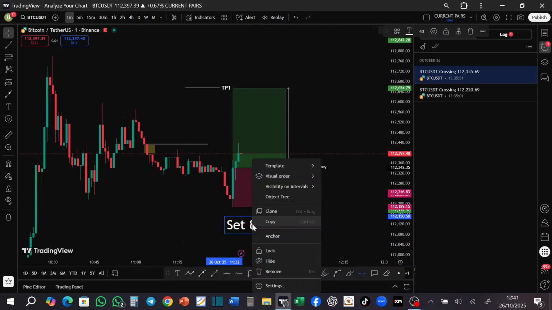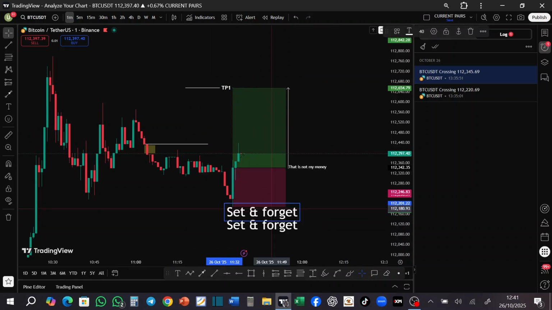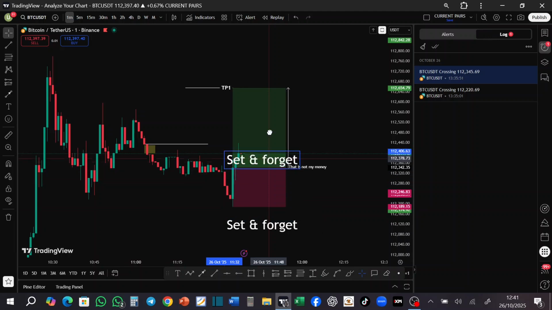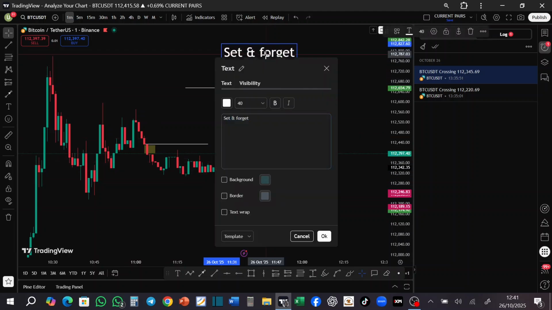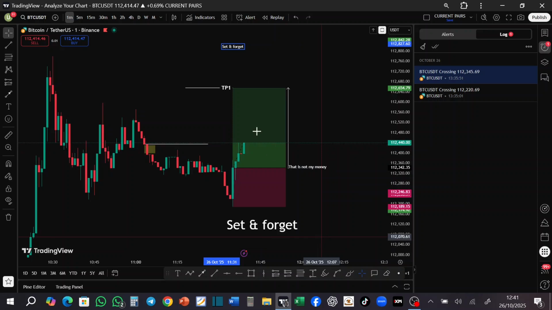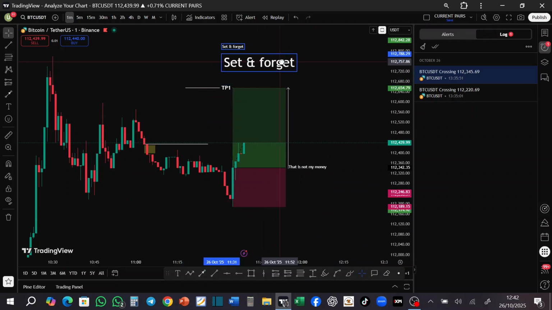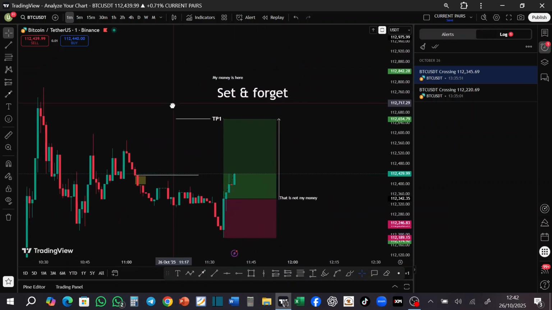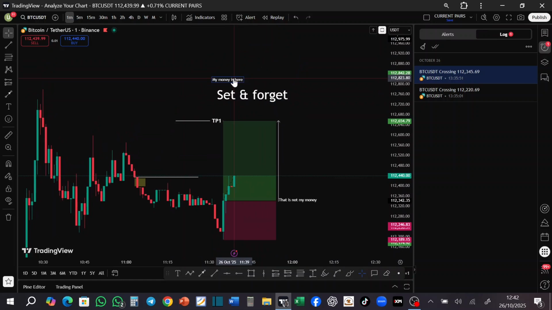Okay, then what I'm going to do is to indicate where my money is. So I'll say my money is here. This is what will help me with my trading psychology. So I'll indicate where my money is. Meaning after TP, that's where my money is.